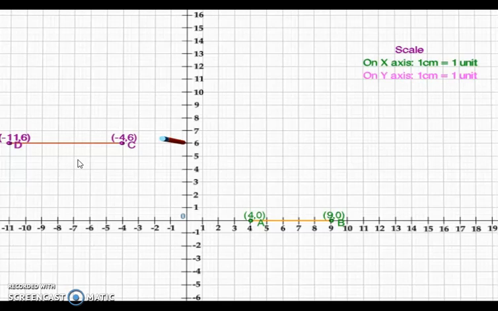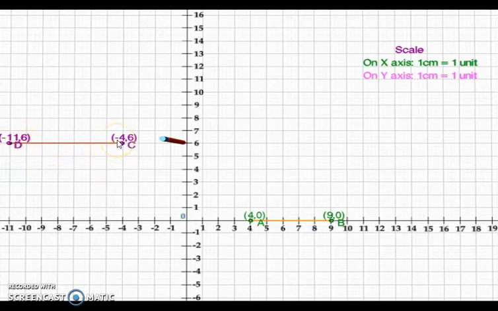Never. So we will be subtracting the x coordinates, but we are taking the absolute value of the difference of the x coordinates. As we are considering from C to D, x2 is minus 11, minus of minus 4 is minus 7.